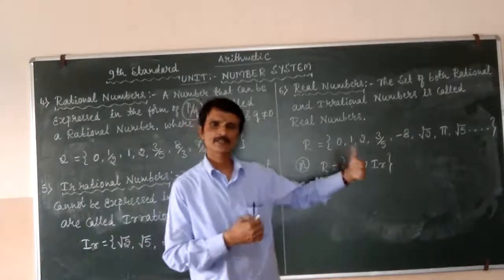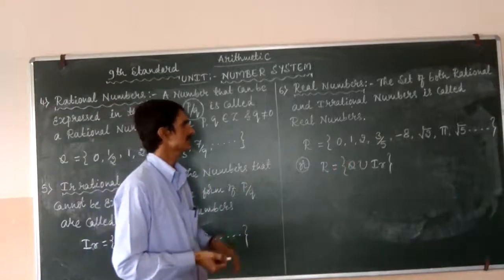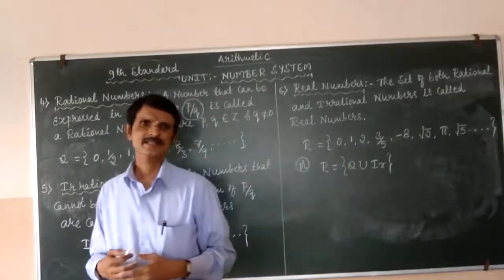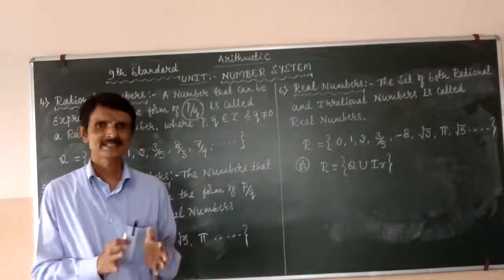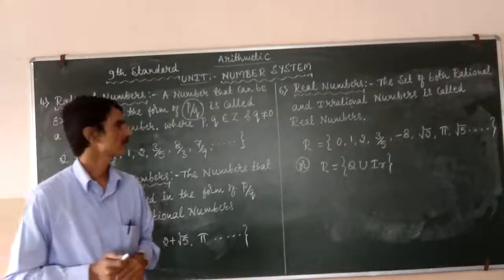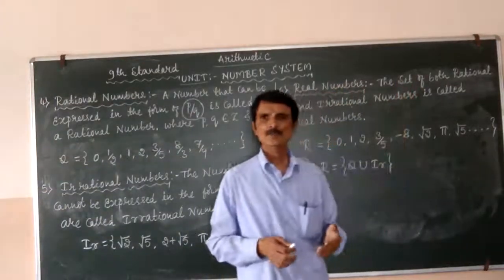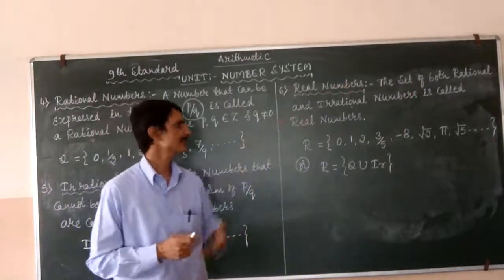Students, next we will move on to another type of set, that is real numbers. Real numbers are the mother of all the types of sets. This set contains both the rational numbers and the irrational numbers.